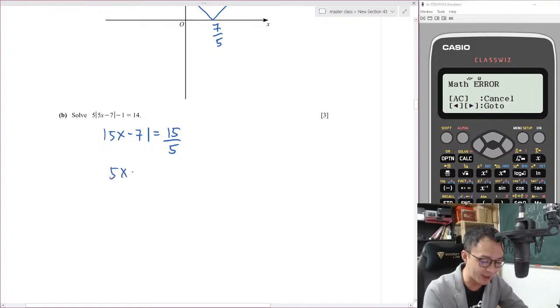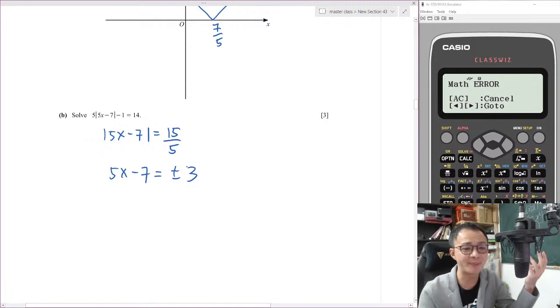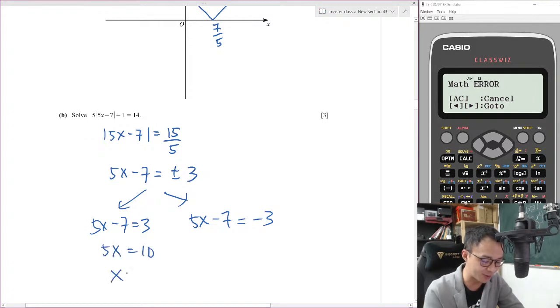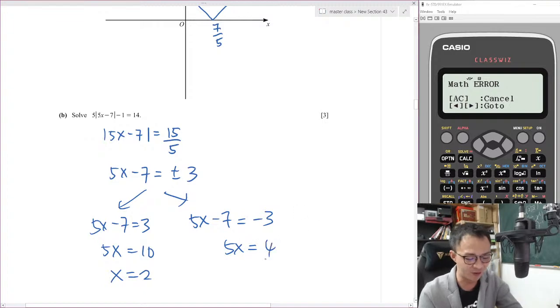When you open up the modulus, you get positive and negative on the other side. So you have two choices: 5x minus 7 equals 3 and 5x minus 7 equals -3. The first gives 5x equals 10, x equals 2. The second gives 5x equals 4, x equals 4 over 5.